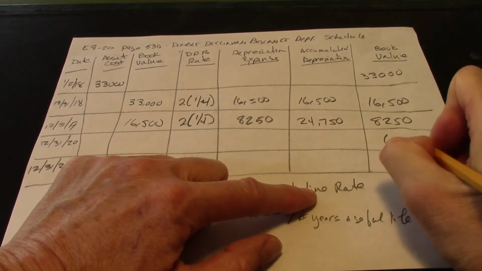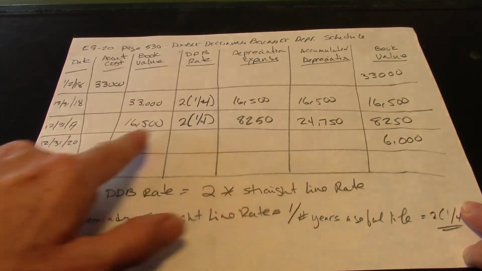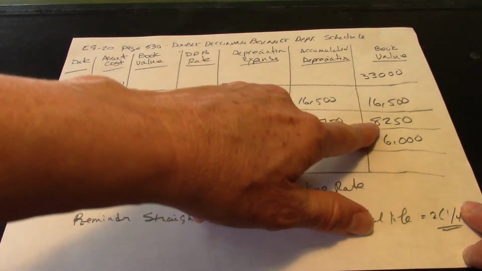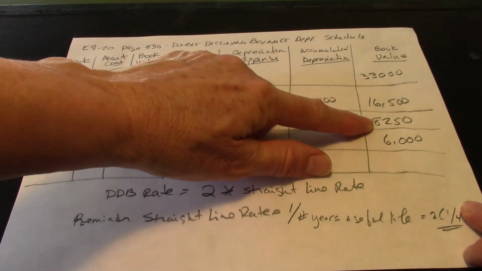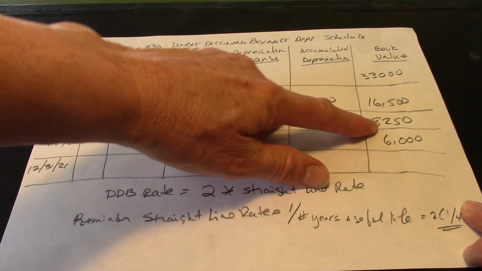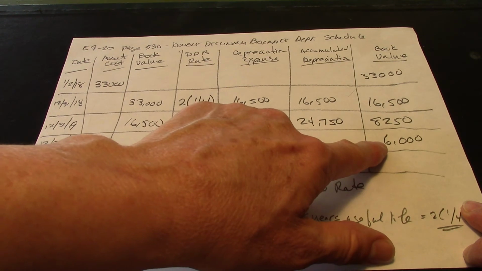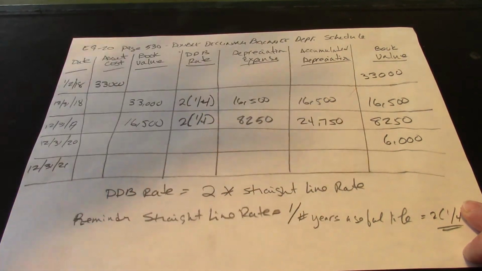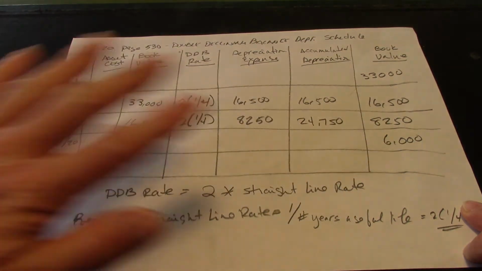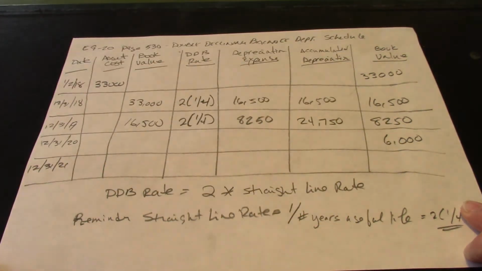It's 6,000. So I can see that if I take half of 8,250, and this is just me because I have experience, but I realize, oh, if I take half of 8,250, 4,125, I'm going to go below 6,000, right? I'm going to go to 4,125, right?